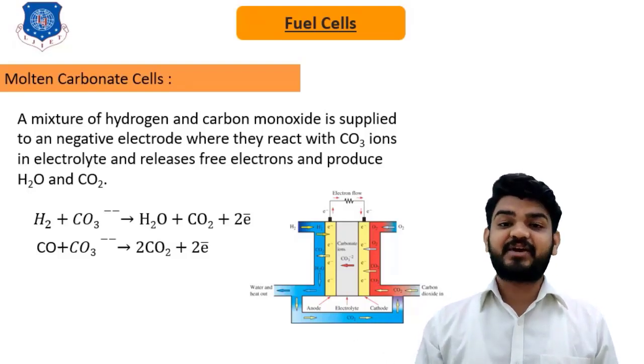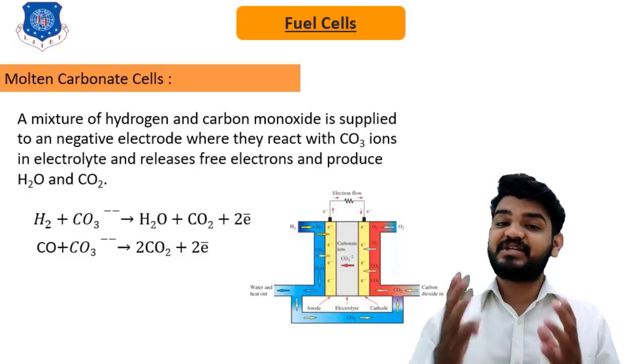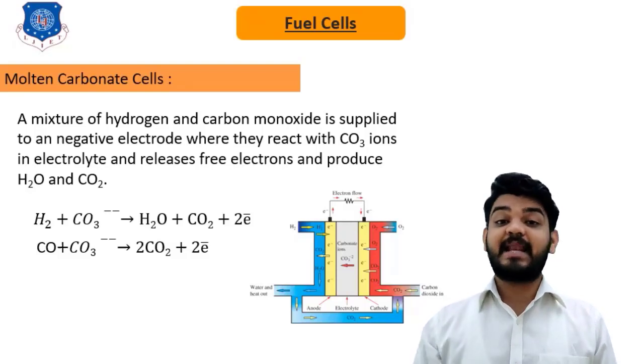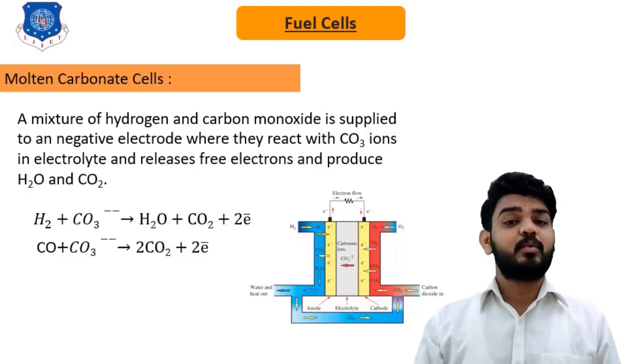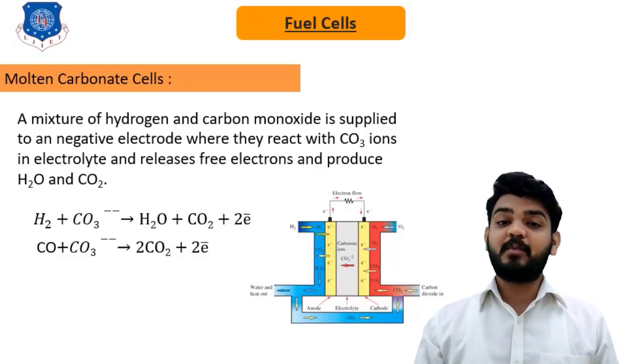These free electrons travel through the external load to produce electricity, and this CO2 travels to the positive electrode via the bottom of the cell, where it reacts with oxygen and produces CO3 ion.